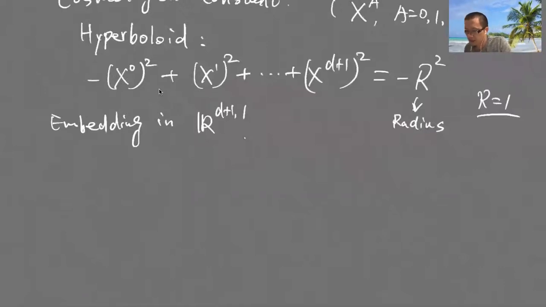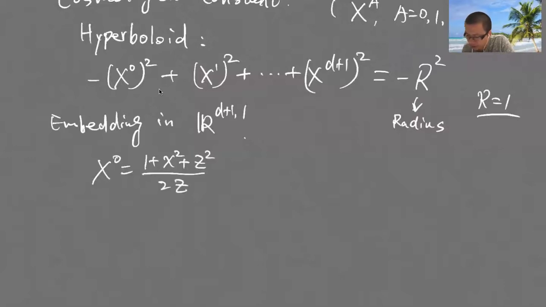Well, a natural parametrization we can use is to take X0 equal to 1 plus x squared plus z squared over 2z, and X mu is x mu over z.